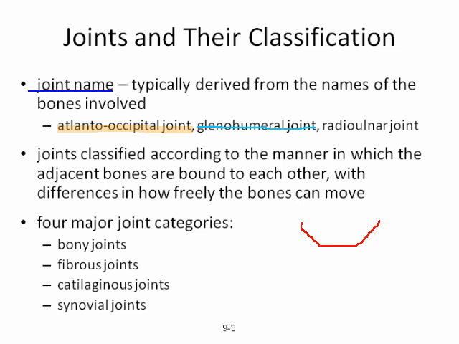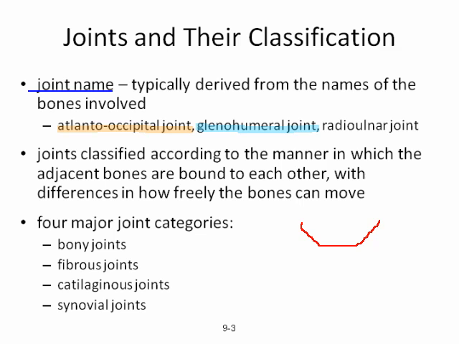The glenohumeral joint is another one of those joints, where the head of the humerus of the upper arm articulates with the glenoid cavity associated with the end of the scapula.